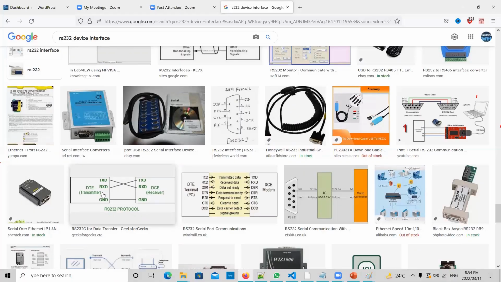But the only thing is, RS-232 communication will transmit only 1 byte at a time. In a frame, only 1 byte can go from transmitter to receiver. But in CAN, you can go up to 8 bytes, nearly 64 bits. If you take CAN FD, you can go up to 64 bytes, 4096 bits in a packet.